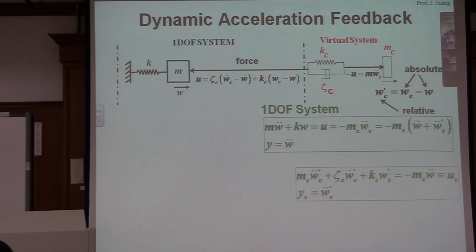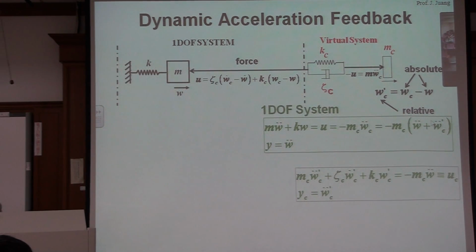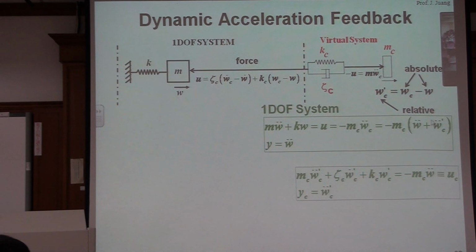So as soon as we receive information from our accelerometers, w double dot, we can integrate these equations to get my wc double dot prime. Okay? Because I have to use that here for my feedback.